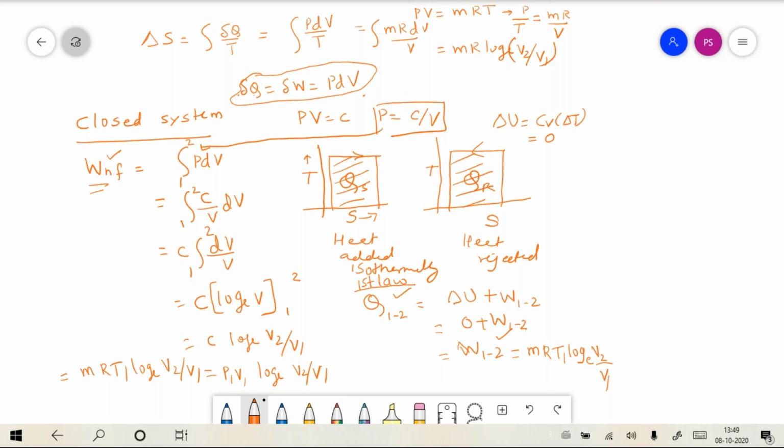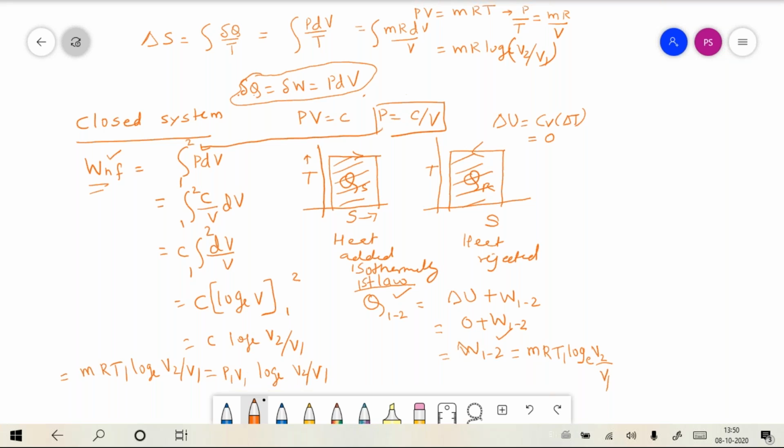get the relevant expressions. So conceptually speaking, we must understand that when there is heat transfer isothermally, the entropy would increase. If there is heat rejection isothermally, the entropy would decrease. Okay, and that is what happens in the Carnot engine. In the Carnot engine, there is a reversible isothermal heat transfer, and the entropy of the working fluid increases during the heat transfer.